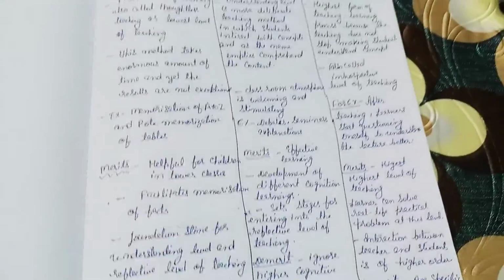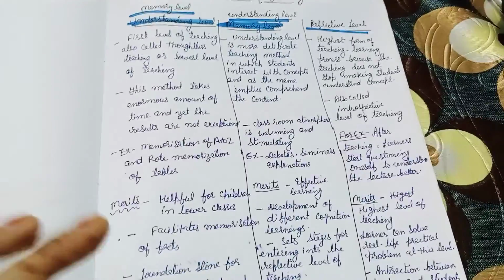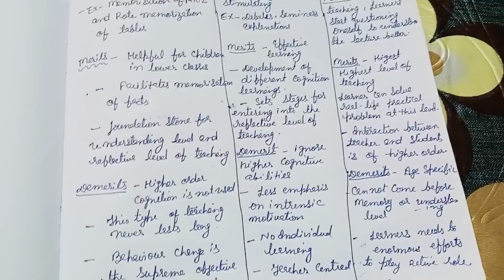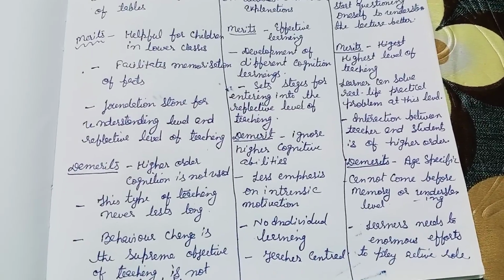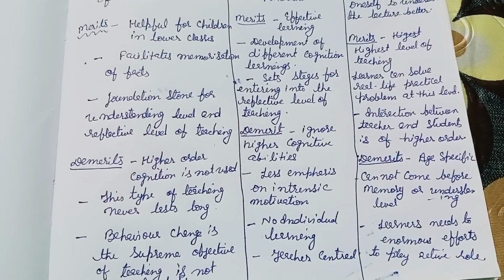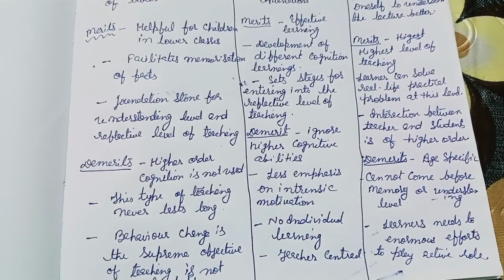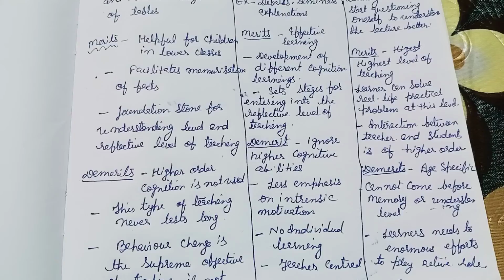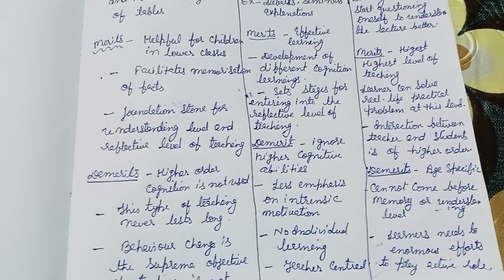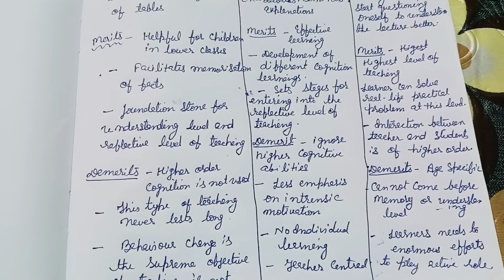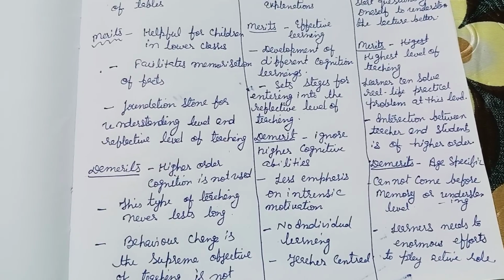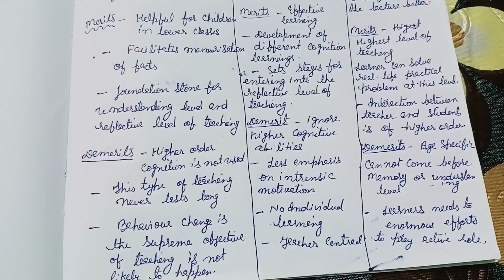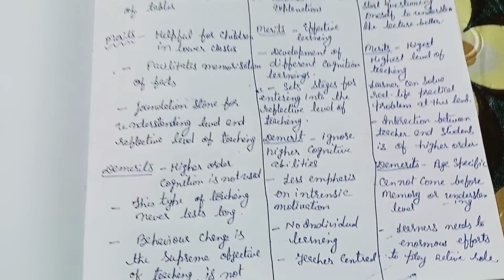Now we will know about the demerits of reflective level of teaching. Age specific. This level of teaching is not suitable for children of small ages. So this is age specific, and this is not suitable for children of class 1, 2 or kids. It cannot come before memory or understanding level. And learners need enormous effort to play an active role.